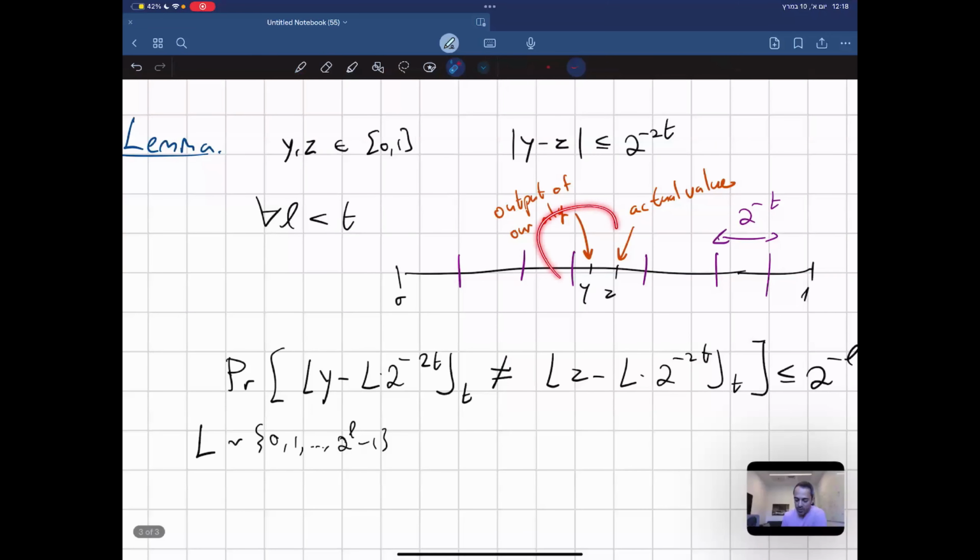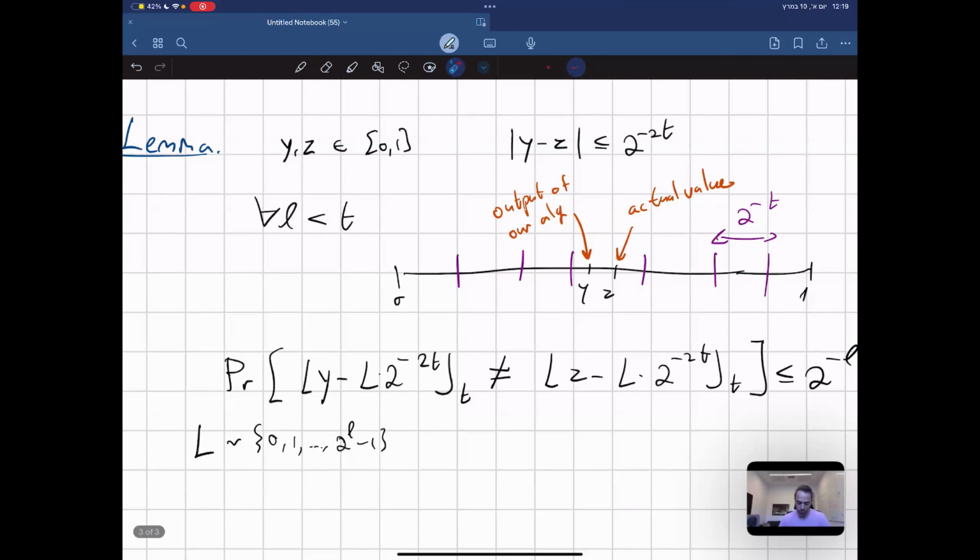So the point is that the output of your algorithm, y, depends on the randomness that you used. Typically it will be close to z, but it certainly depends on the randomness, and in particular, it potentially can reveal some or all information about the randomness that you used. And you don't want that.